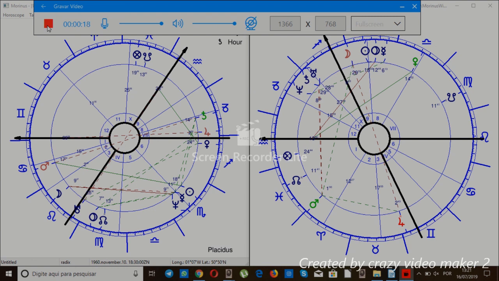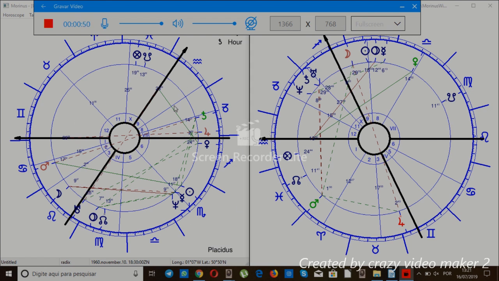If this was a real consultation for a client, I wouldn't begin with the solar return, but it's not, and it's an event we already know happened, so there's no point in trying to locate it. I'm just going to highlight a few points in this return.